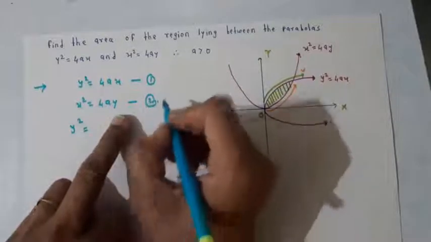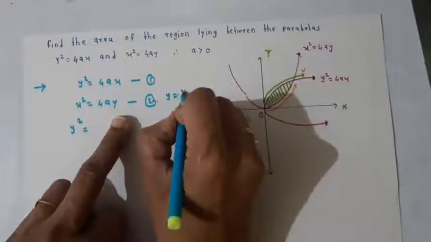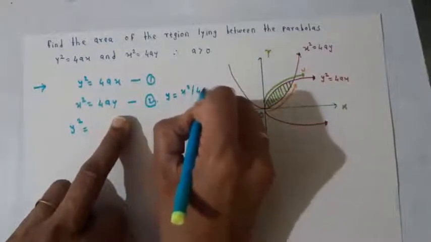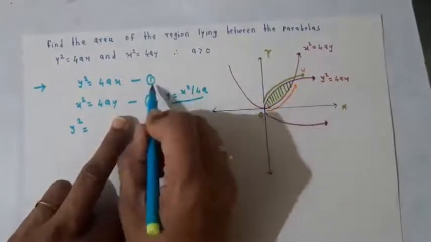From equation 2, the value of y is x square upon 4a. So put this value in equation 1.